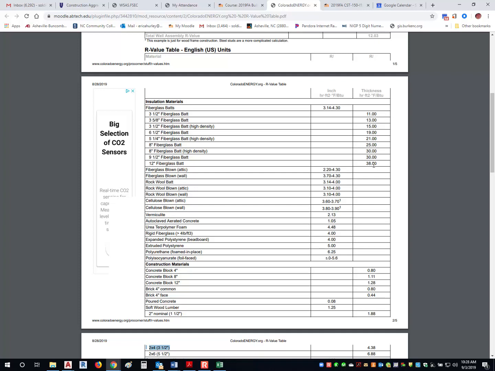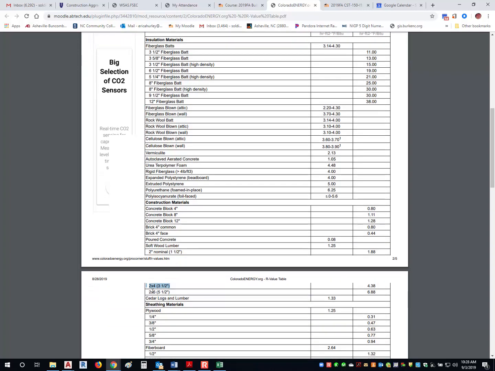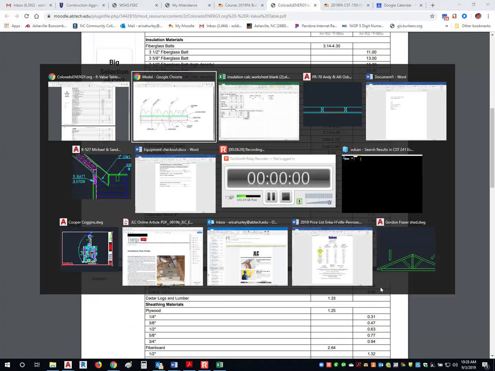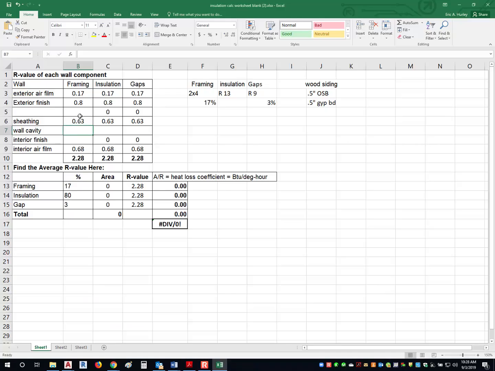They've done the calculations for us, but if we use just fiberglass batts, then we have a variance there. So when we buy this, this is the actual R value of that. So we come down here to 2x4, 3.5 inches. We have 4.38. So over here in my little calculation, I'm going to put in 4.38.